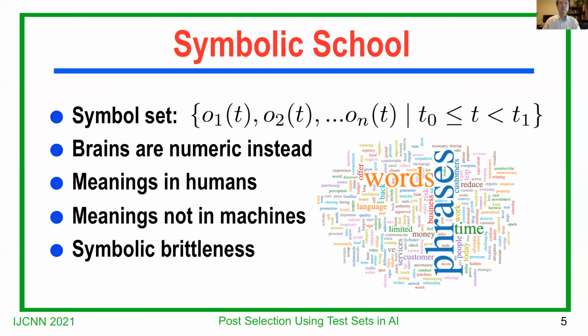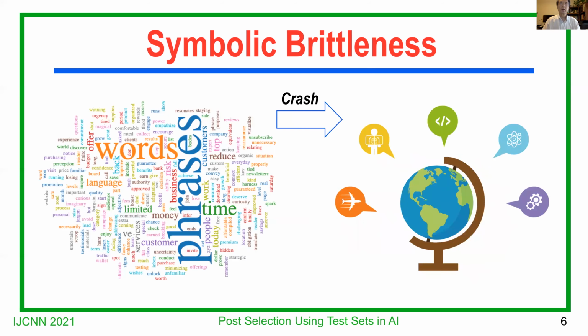The meanings of symbols are in the humans' minds that define the symbols, but the meanings are not in the machines. Therefore, when the input is beyond what is predefined, the system becomes very brittle. In other words, if the world is beyond what is predefined, the system crashes.